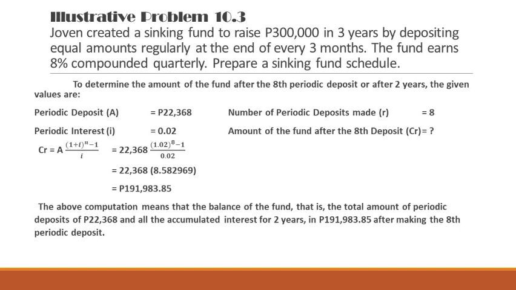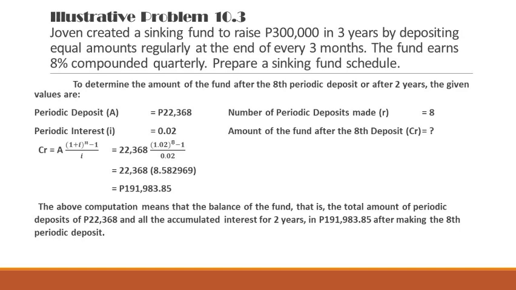To determine the amount of the fund after the 8th periodic deposit, or after 2 years, the given values are: first, the periodic deposit A, which is equal to 22,368 pesos; periodic interest I, which is 0.02; and the number of periodic deposits made, R, which is equal to 8. What we're going to find is the amount of the fund after the 8 deposits, C.